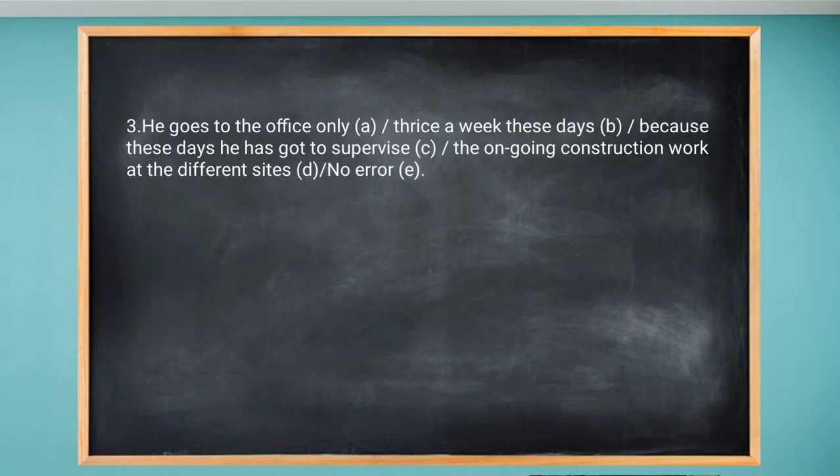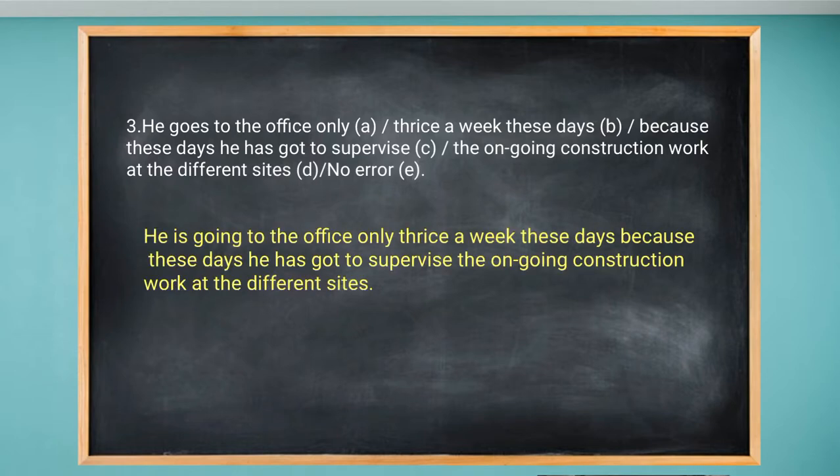Now let's take another tricky sentence on the screen. He goes to the office only thrice a week these days, because these days he has got to supervise the ongoing construction work at the different sites. Well, in the sentence, part A is wrong, because if words like nowadays and these days are used, these are always used in present continuous tense.